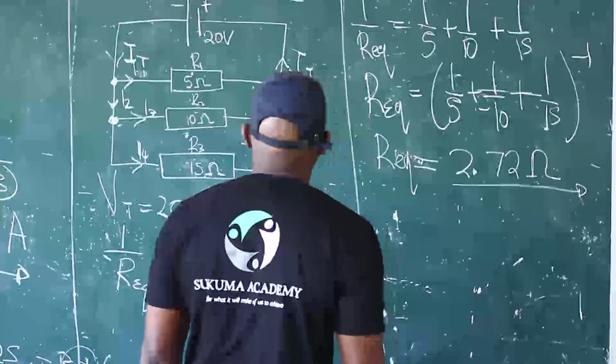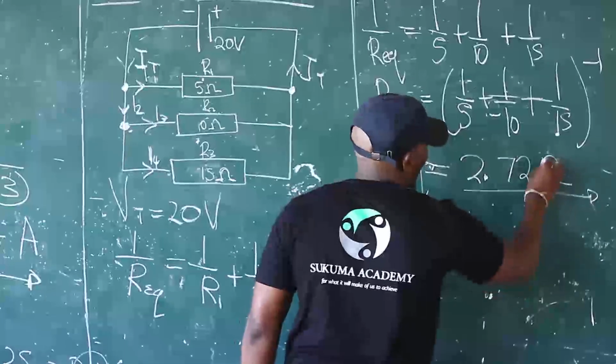So equivalent resistance is 2.72 ohms. Ohms, which is the measurement unit for resistance.